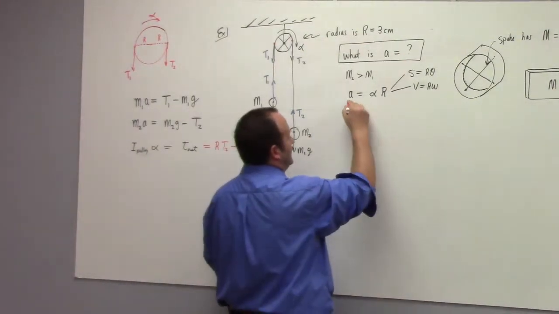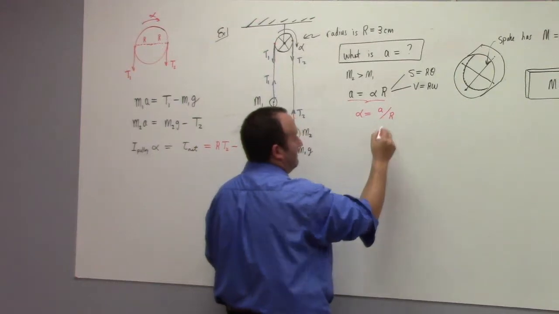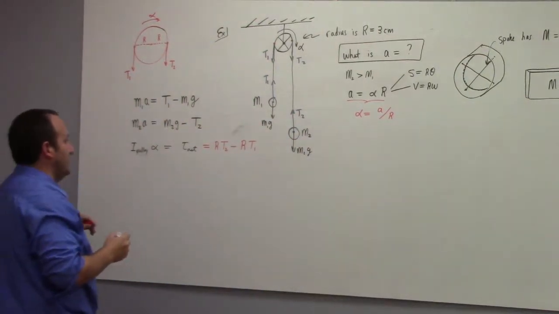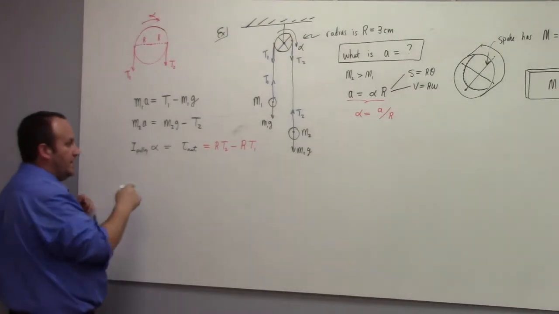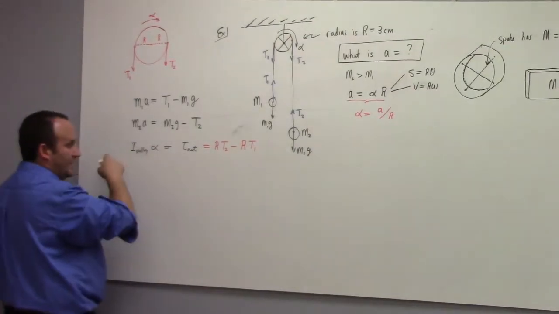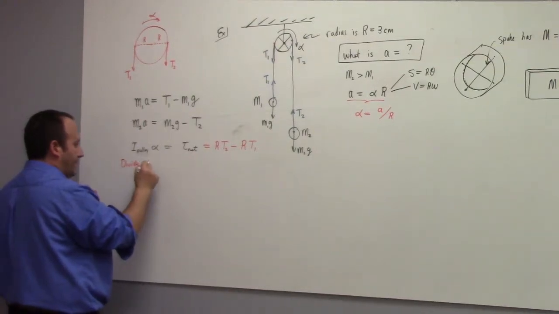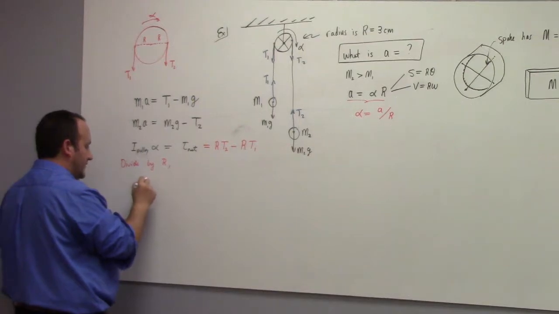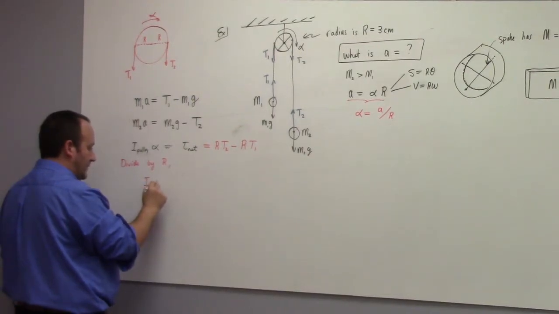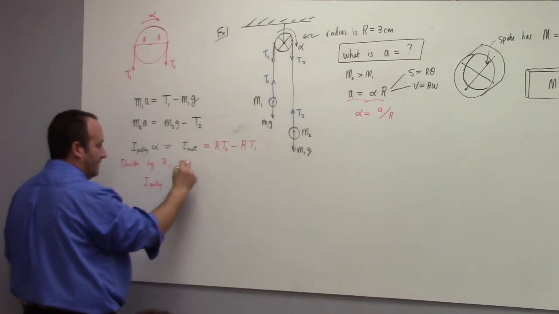Incidentally, we could also think about this saying alpha is equal to A over R. So if you look at this equation that we just got to, one thing we could do would be just to divide this equation by the radius. What would that tell us? We'd get the moment of inertia for the pulley times alpha over R. What's alpha over R? It's A, right?